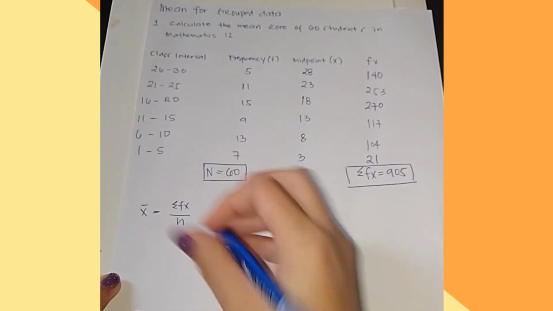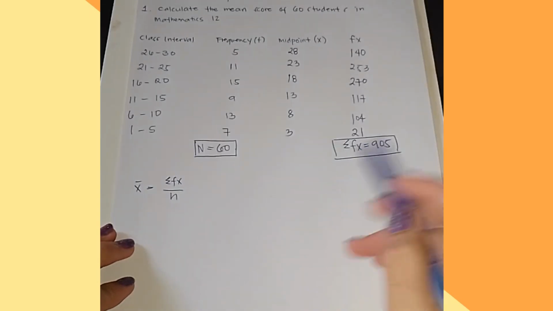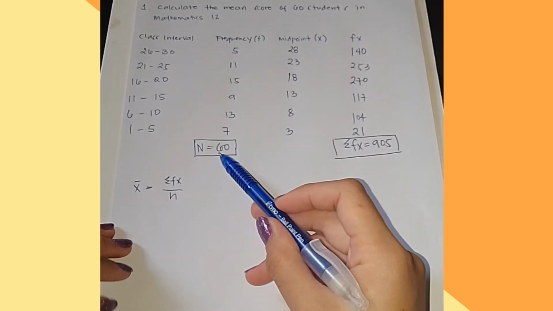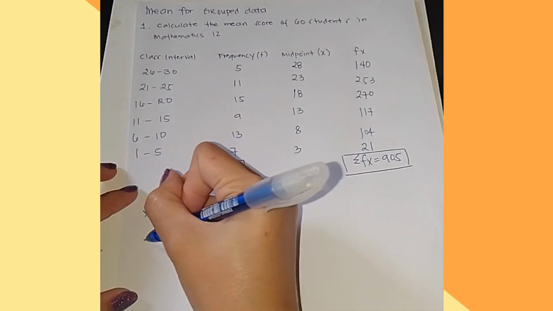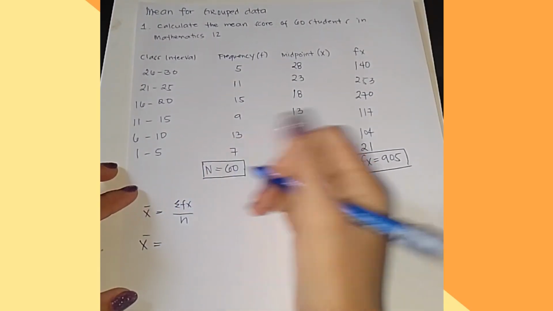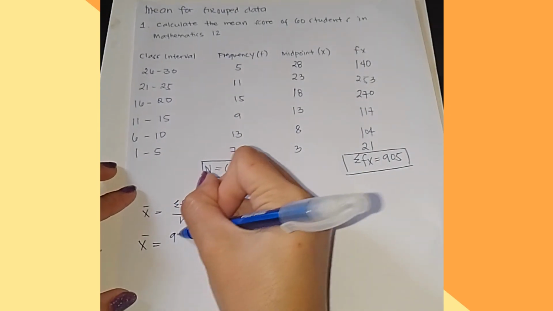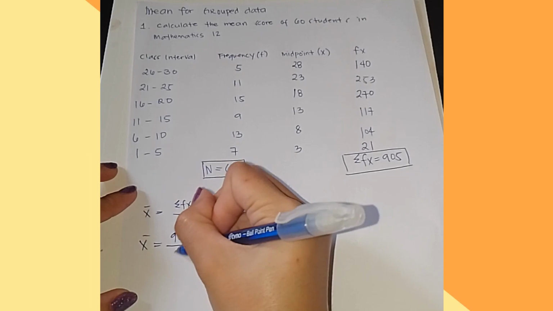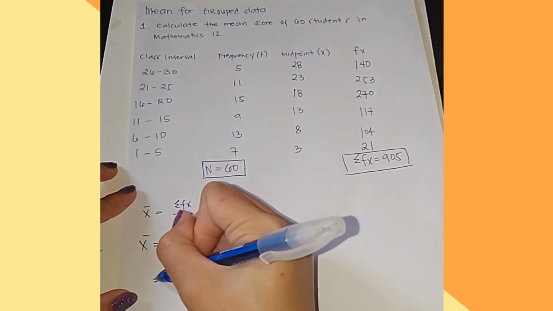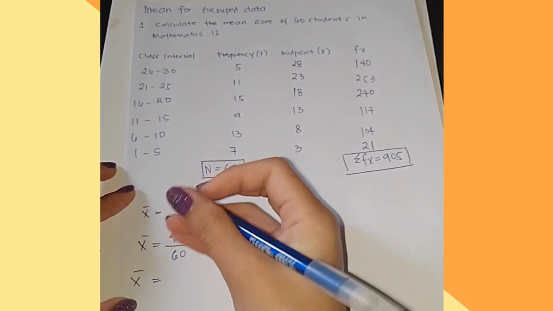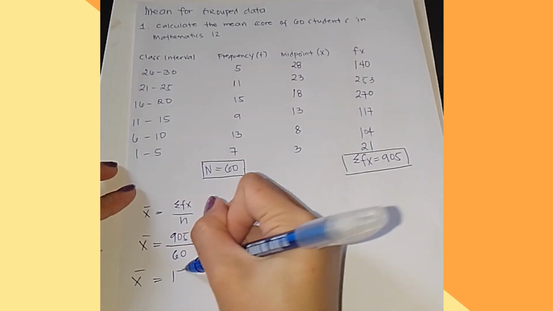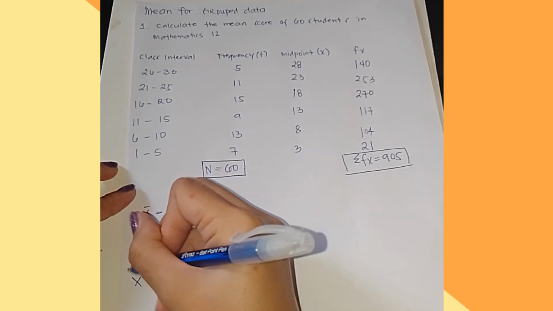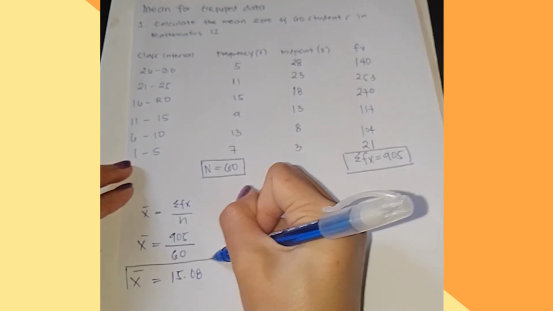So we just copy our summation of fx, 905, and n is equal to 60. So x bar is equal to 905 divided by 60, which is 15.08. So now this is our mean for grouped data.